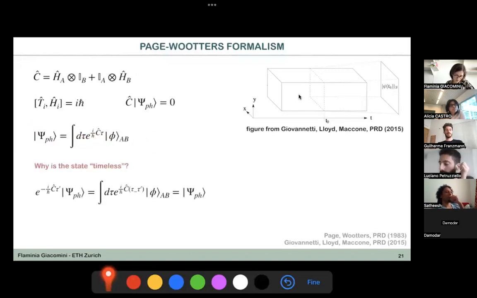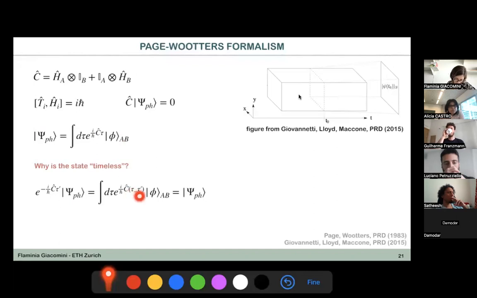In addition, this is sometimes called a timeless state. The reason it is called a timeless state is that if you naively interpret this operator C as a total Hamiltonian of A and B, then you can apply the usual dynamical operation, like a propagator, to the physical state by some time tau prime, and then expand this thing here.